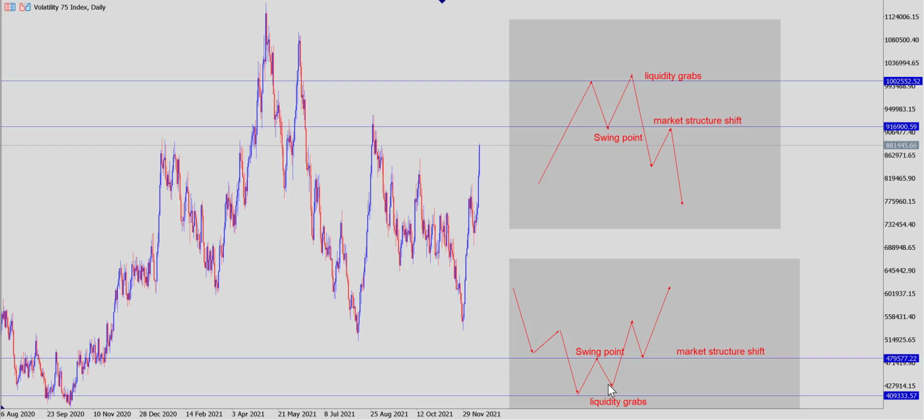And in a mitigation block, the second leg is lower than the first one, meaning that you were in a downtrend and you failed to make a lower low, confirming a change of trend. Then you took out that swing point, further confirming a change of trend. Then by the time you retest this point, it's even a better trade to take to the upside. This is what I wanted to explain about a breaker block and a mitigation block.